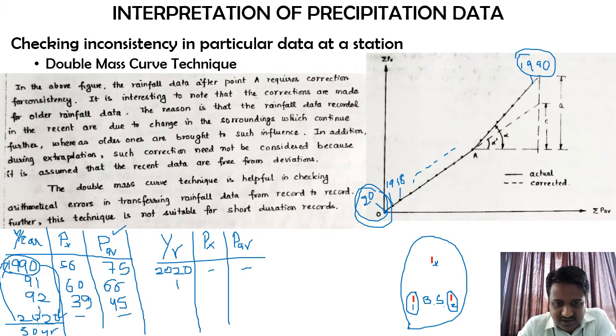Next it will be 2019, with its given set of values, and so on till 1990. This last value for 1990 is going to be 56 and 75, so here I am going to write this as 56 and 75.